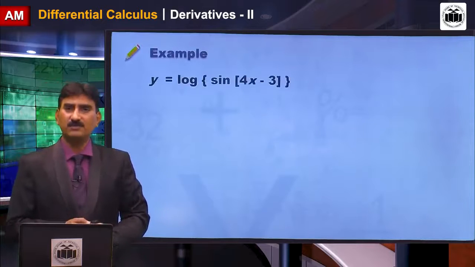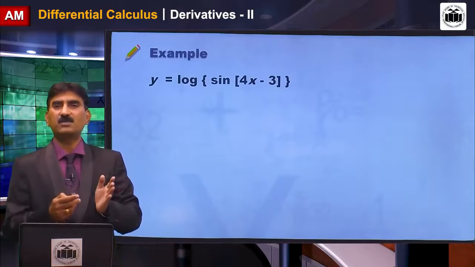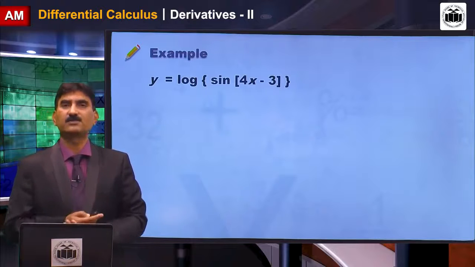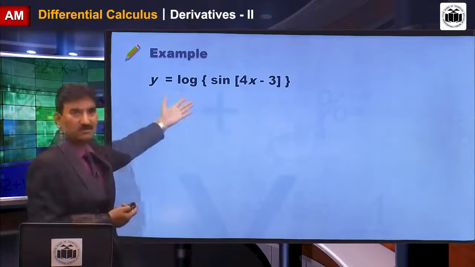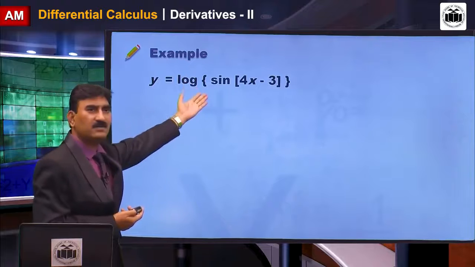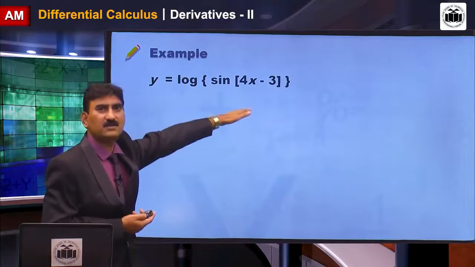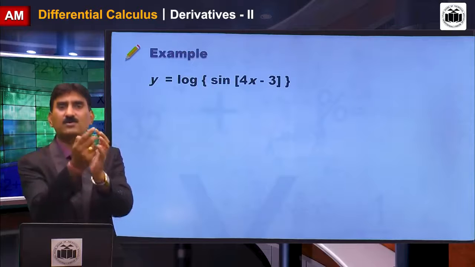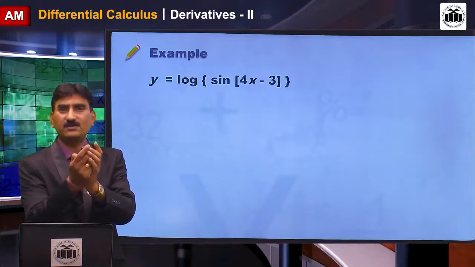Now another example, y is equal to log of sine of (4x minus 3). The starting function is log, then the inside function is sine, then again the inside function is an algebraic function, that is 4x minus 3. So it is a combination of 3 different functions.